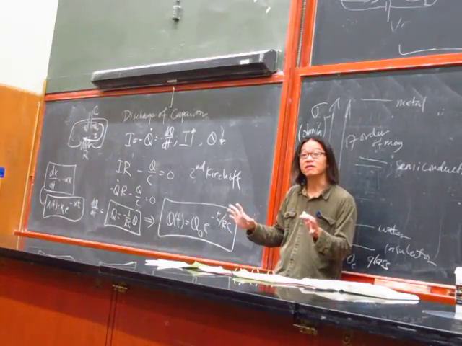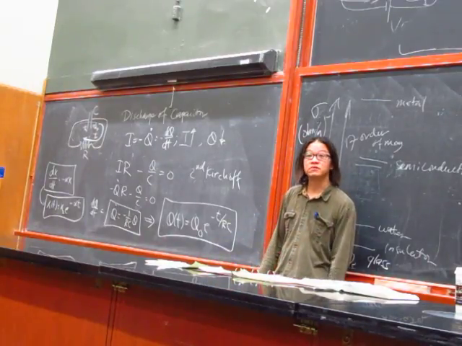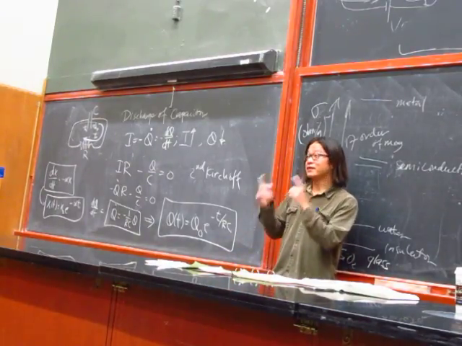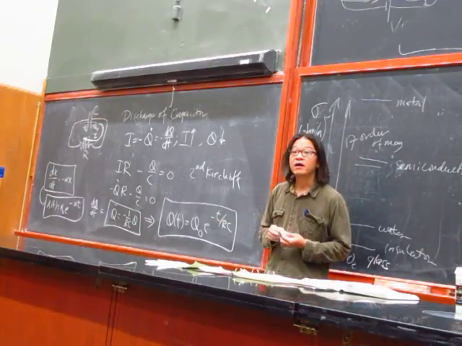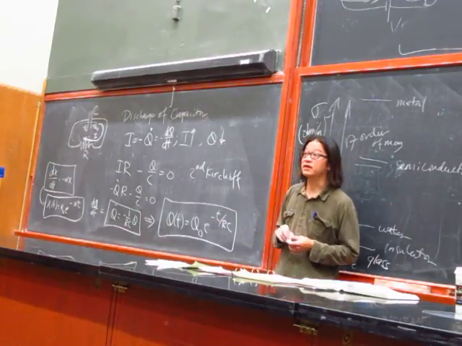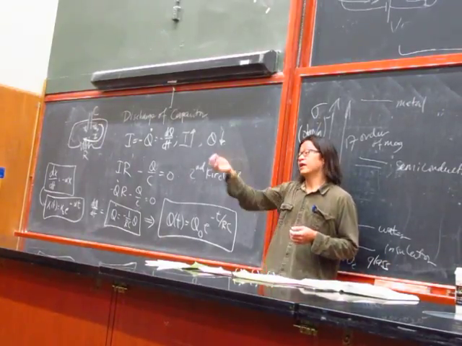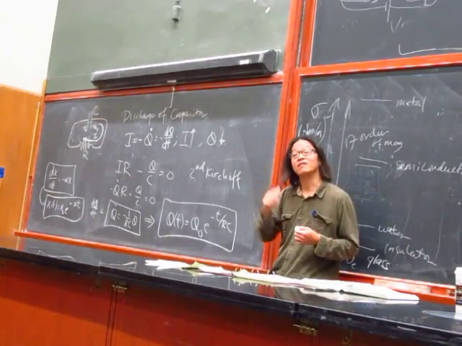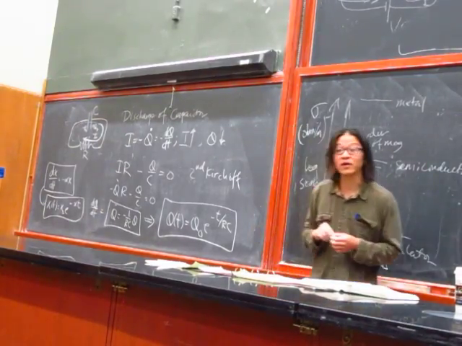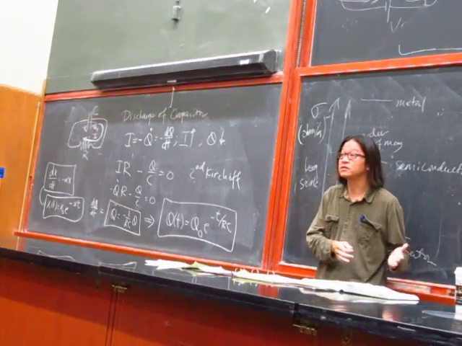You heat it up, the conductivity drops. But certain things, when you lower the temperature enough, they superconduct. A lot of materials, like niobium and lead, superconduct because of the temperature.